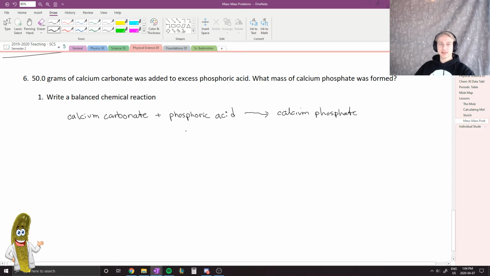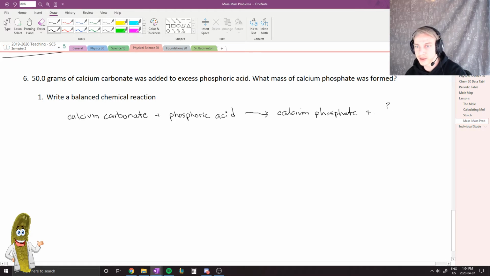And I would look at this and say, I'm guessing that this is probably a double replacement reaction because calcium carbonate has 2 different parts. And then I would also know that phosphoric acid would probably be made of a phosphorus or a phosphate, and the acid would tell me that it'd be made of a hydrogen. So I'm guessing that this type of reaction would be double replacement.